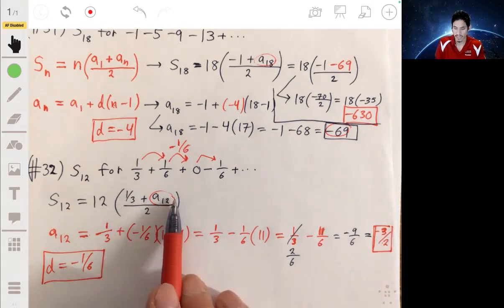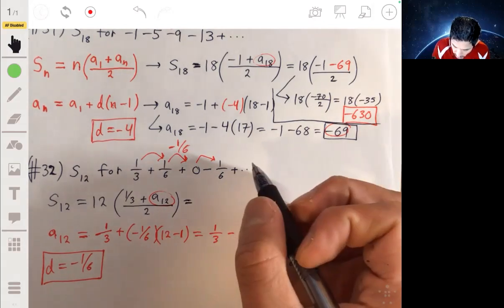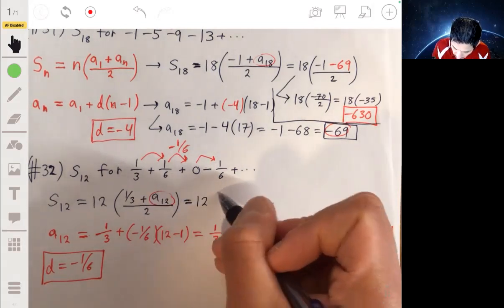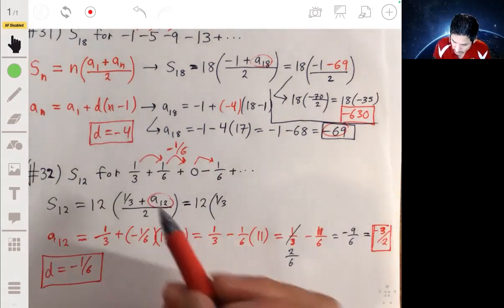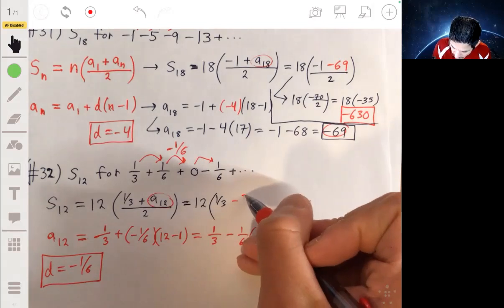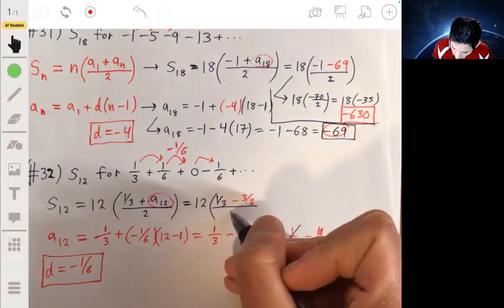Okay, so now let's plug this negative 3/2 into there. And so you get 12 times 1/3 plus a negative 3/2, or minus 3/2, over 2.